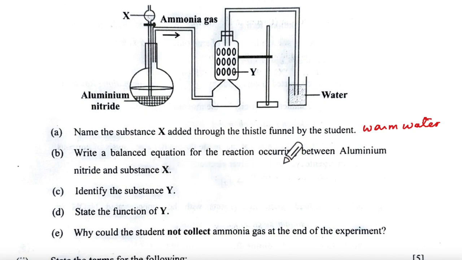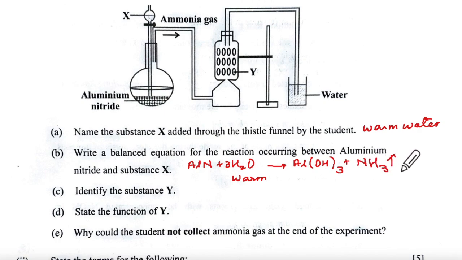Write the balanced equation that is occurring between aluminium nitride, that is AlN plus H2O, and we need to write over here warm as the condition, and Al will become Al(OH)3, which means there will be 3 OHs in this. So we'll write 3 here, then 3H and 1 N will give us NH3 up arrow.